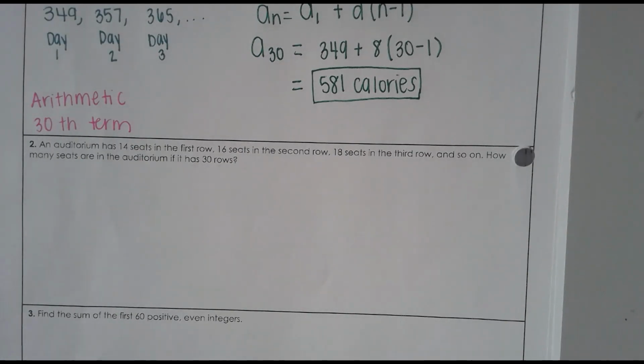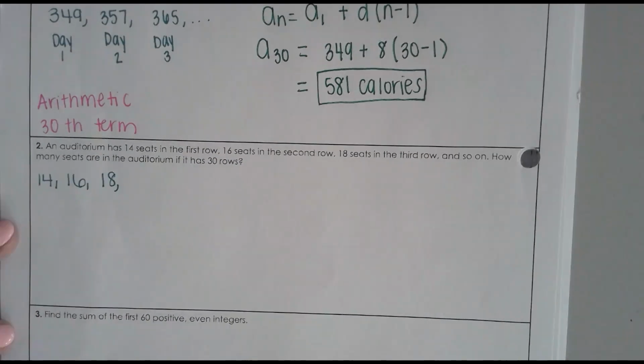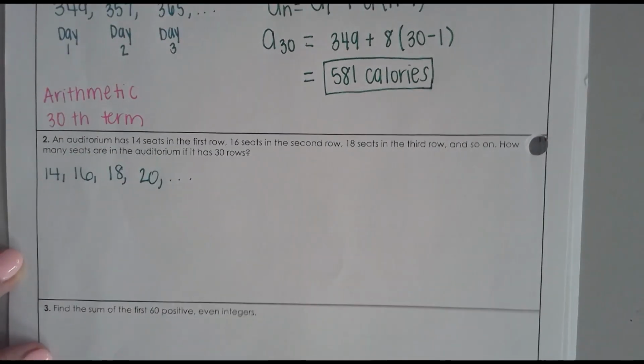So start out by writing your first few terms. 14, next one would be 16, then 18, 20. The number of seats in that particular row.